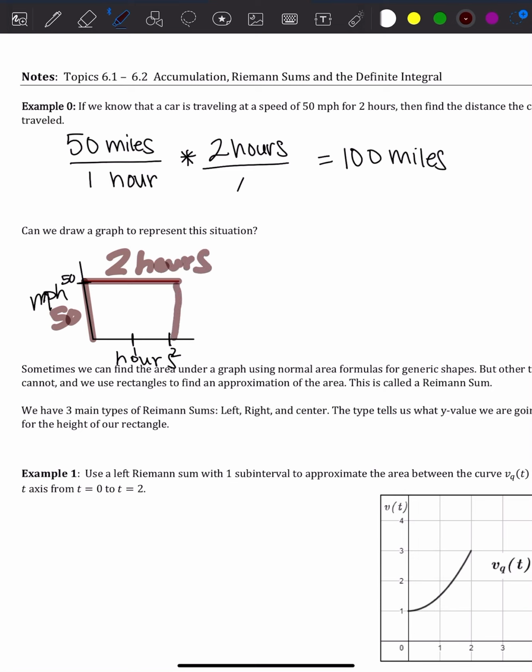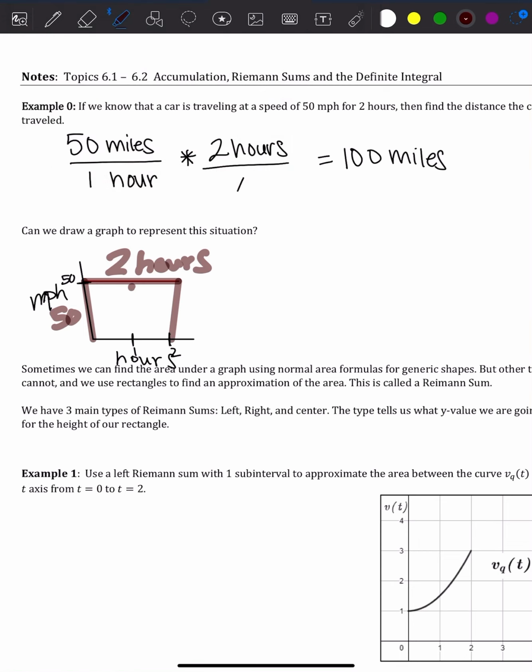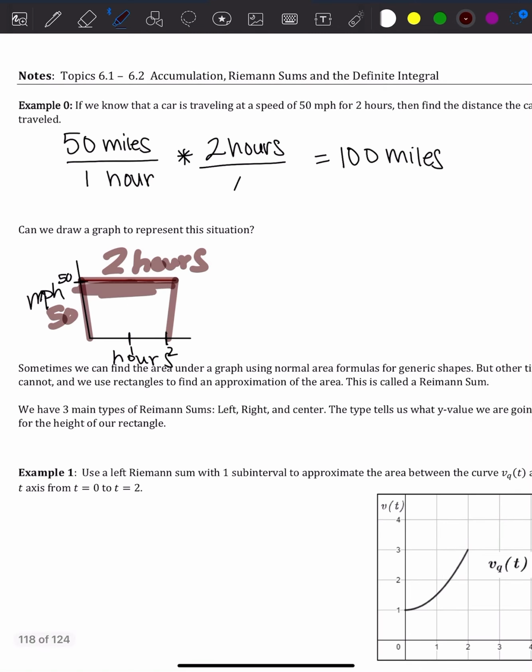And so everything inside of this area right here is going to give us that 100 miles. So this kind of brings us into an introduction of what the area under a curve looks like. So we have the area under a curve.